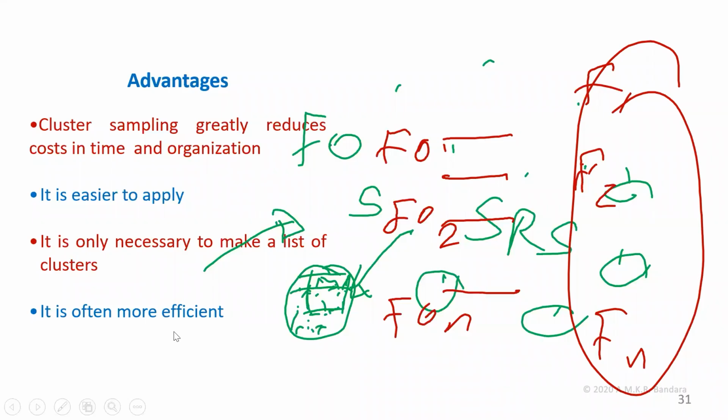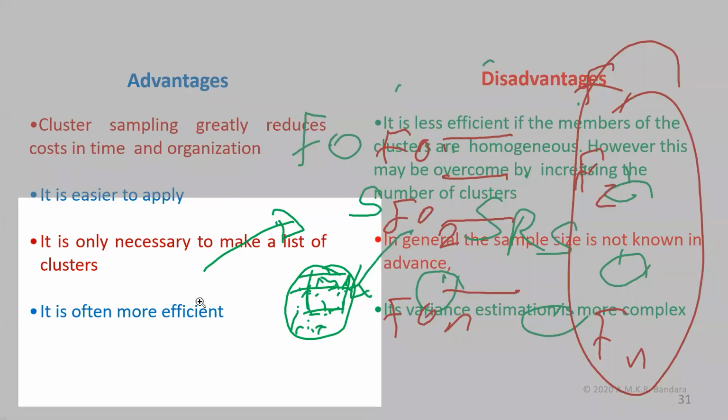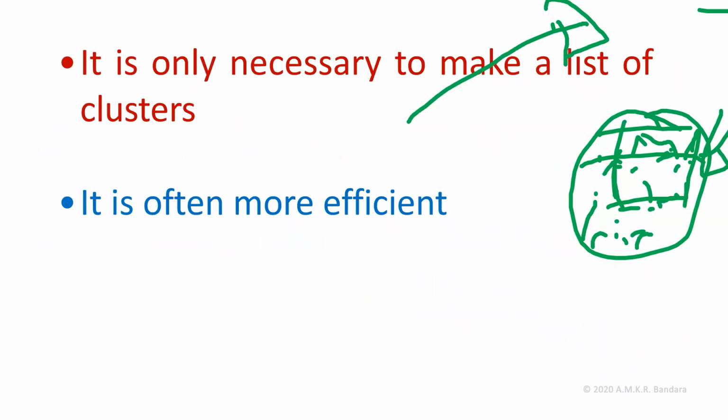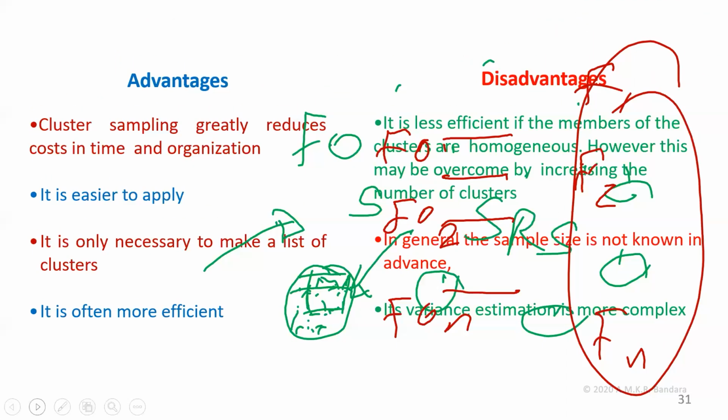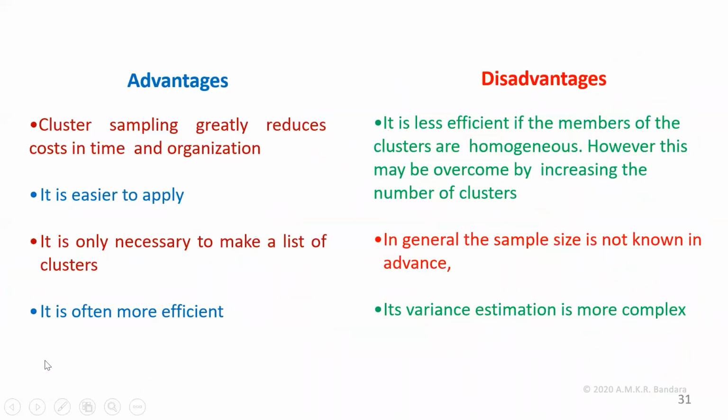This is often efficient when these clusters are homogeneous. Sorry. Disadvantage: it is less efficient if the members of the cluster are homogeneous.